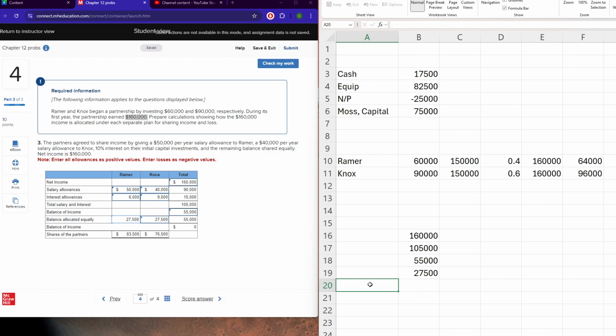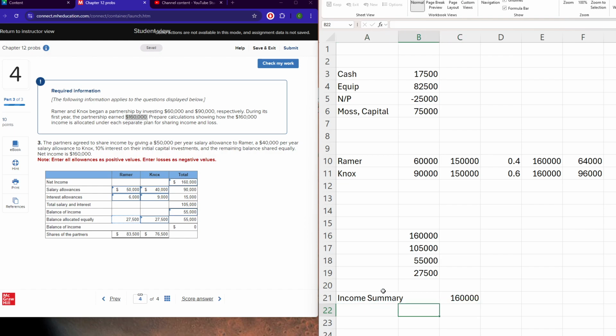It's going to be kind of iffy because of the way it would be set up. Essentially, what we're going to do is credit each of their accounts by 83,500 for Raymer, and then 76,500 for Knox. If you understand closing entries, it would probably be in an account called Income Summary. And that would be our debit for the 160.